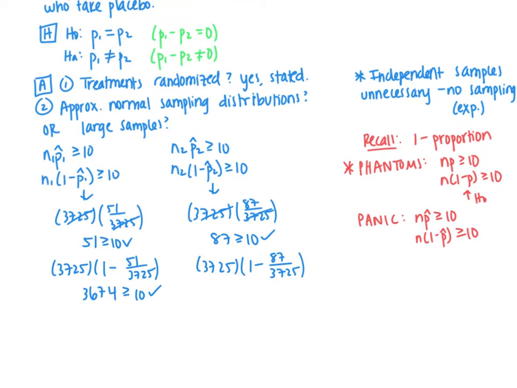That ends up being 3,638. So that tells us that both sampling distributions are normal, or that both samples are large. Again, either one of those vocabs is okay.